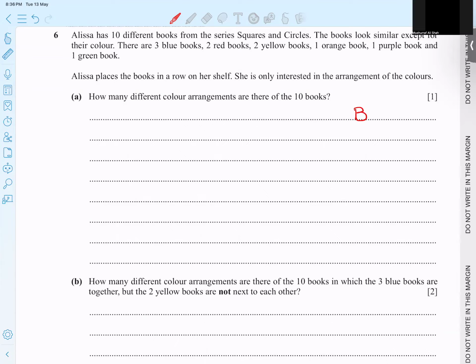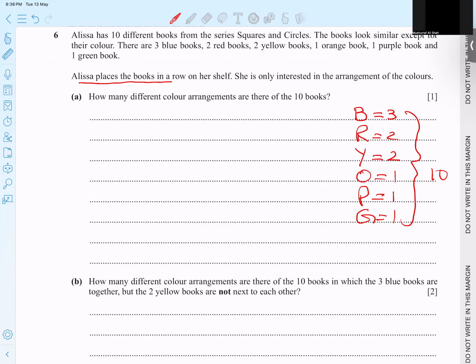Blue are 3, then red are 2. Best technique, please write like this. Yellow are 2, orange is 1, purple is 1, and green is also 1. And 5, 7, 7, 3, 10. Total are 10. So let's try to solve the question.